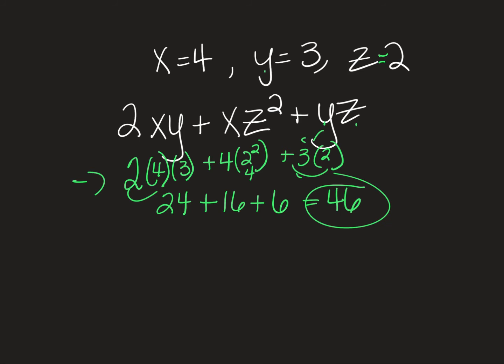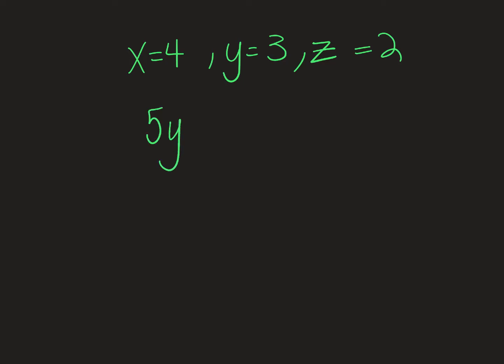All right, let's do another example. Say this time it's the same. X equals 4, y equals 3, and z equals 2. This time our equation is going to be like this: 5y squared minus 5z. Notice there is no x's in this expression, so we don't have to worry about the value of x here. But we know that we're going to bring our 5 down.